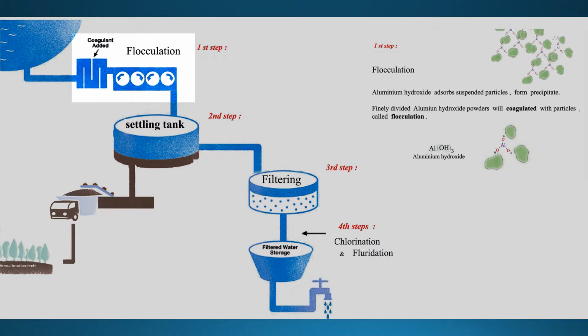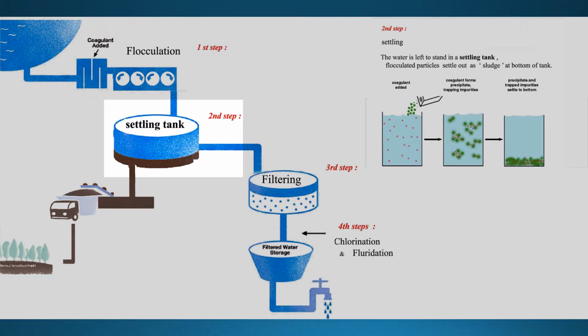So this particle will attract all the polar molecules together, and this way they can clump up a lot of suspended particles and then form a precipitate. So once you've put this fine aluminium hydroxide powder into the water, the particles can clump up together, and this step is called flocculation.